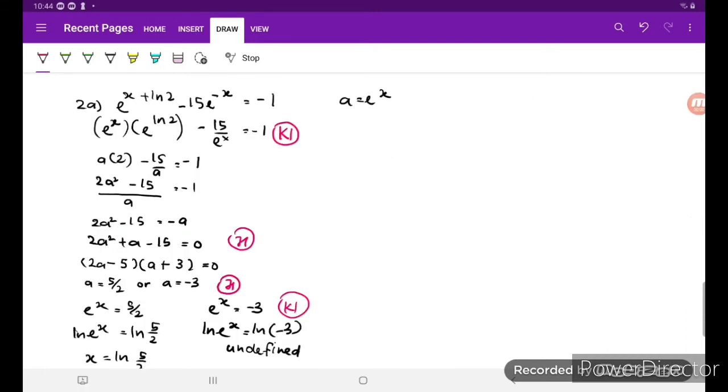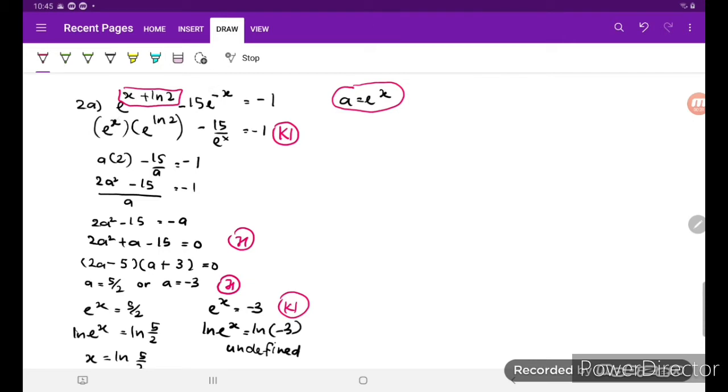Okay, for question 2a, we want to solve the equation by using substitution of this one, a equals e to the power of x. So what you have to do first is to split the exponent. This exponent we have to break up into 2, which is x and ln 2.